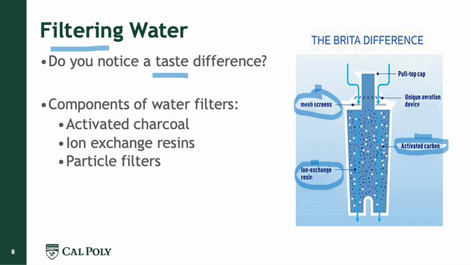And these are the components of the filters. Activated charcoal helps with color and flavor and others. Ion exchange is mainly for ion removal, and particle filters, which have the coarse pore size, help with removal of larger particles. This is just a nutshell of water filtration at home, but in the industry there are many different types of filters and technology used to prepare the water input required for manufacturing.